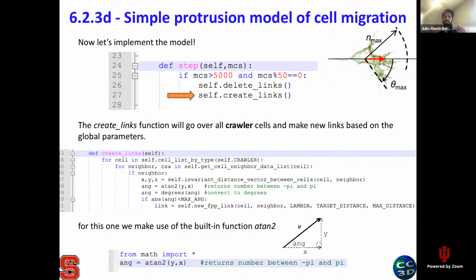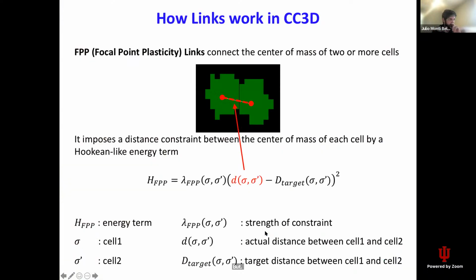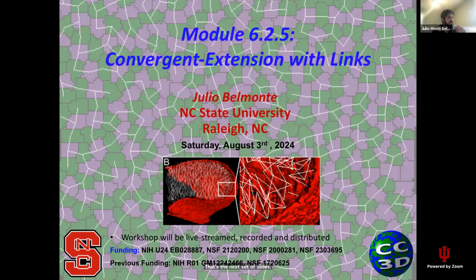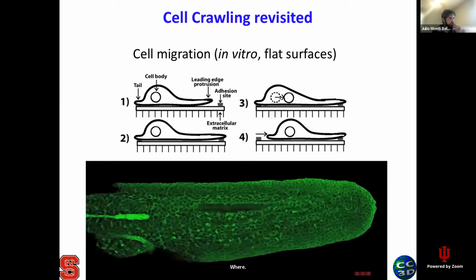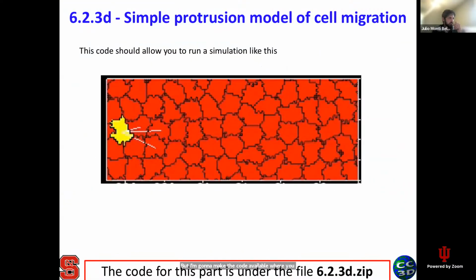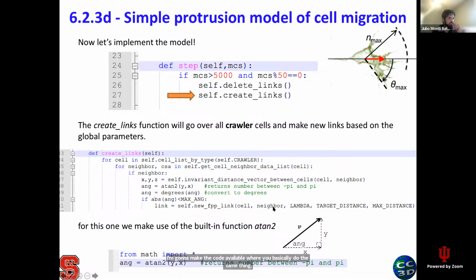Links themselves can only be between two cell types. They cannot be between a cell and a medium, but you can use something called anchors. That's the next set of slides. I don't have the code here, but I'm going to make the code available, where you basically do the same thing, but instead of specifying a neighbor, you specify a pointing space, and this pointing space may be in front of the cell, and then the cell walks and also creates links, but in front of it.